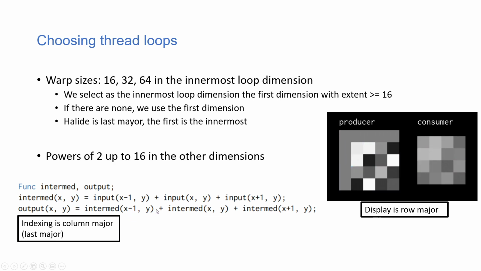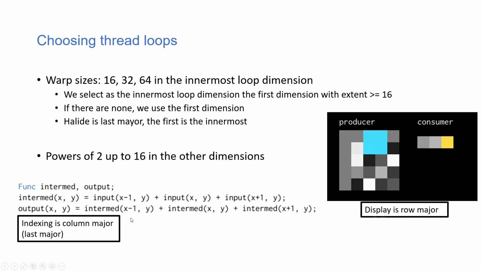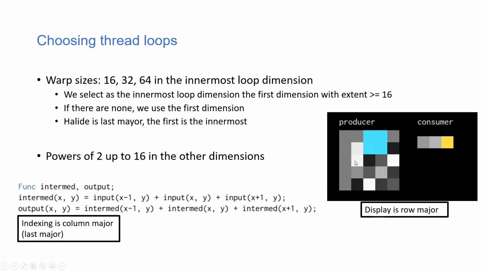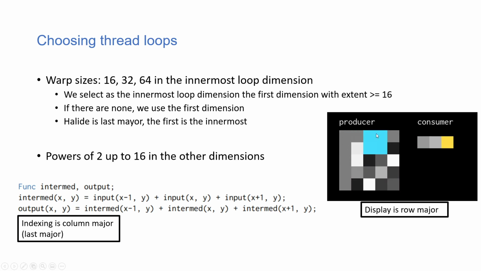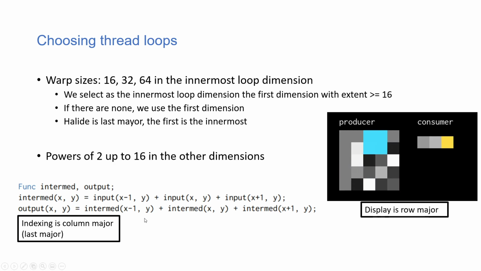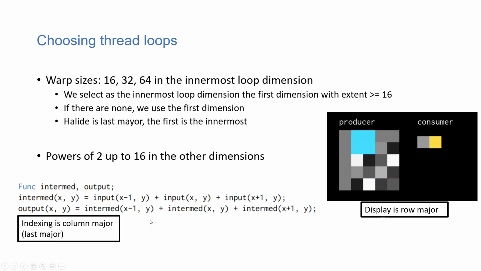It's a little bit confusing in Halide, because Halide is last major, that is, the last dimension changes slower, but when it's displayed, it looks like row major, with the row changing slower and the column changing faster. But if you understand this as the row and this as the column, then this is column major. So it's a little bit confusing there.